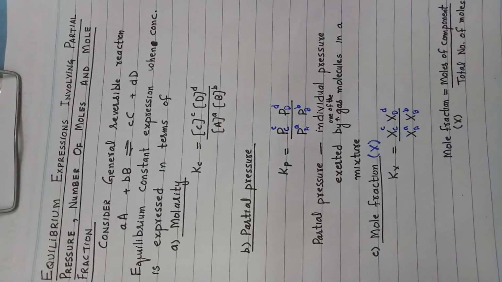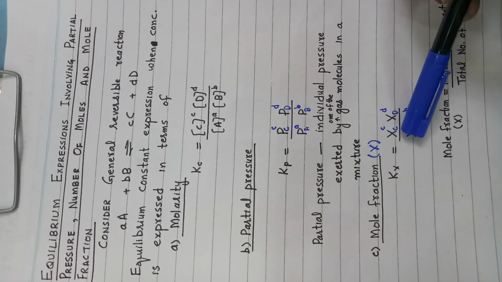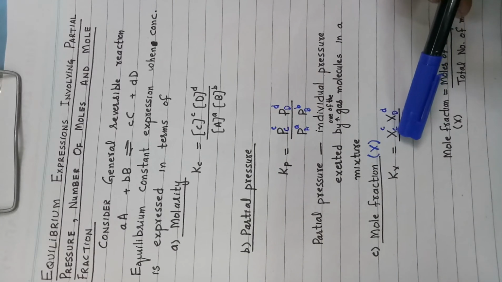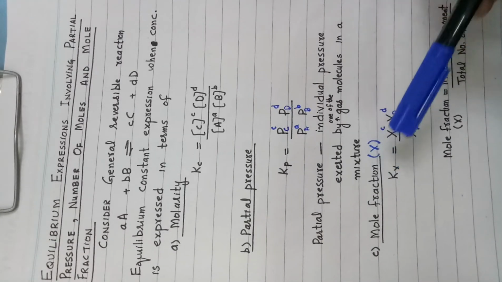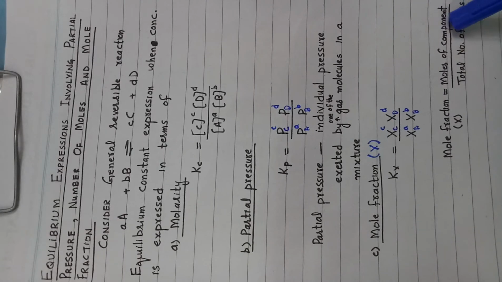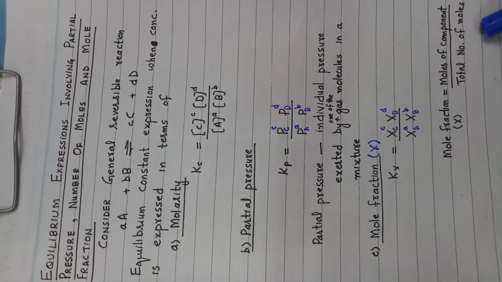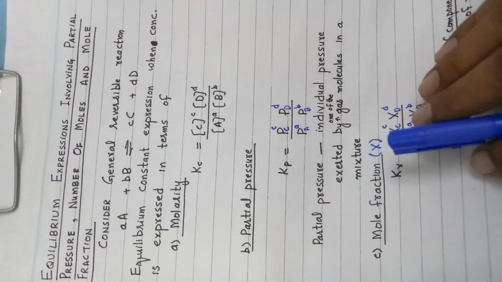So we'll write the same expression as for the partial pressure, but instead we will represent it with the capital X that represents mole fraction. So mole fraction is in fact moles of the component divided by the total number of moles.